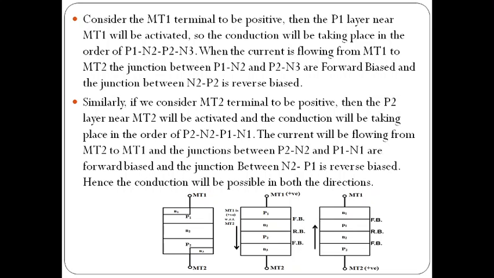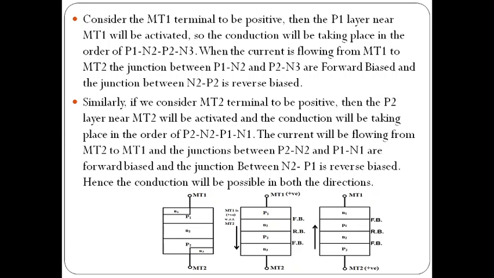So in this, when MT1 is positive, then what happens? The P1 layer will be activated. So we can say that the P1 N2 junction becomes forward biased. The negative terminal will be connected to the MT2 terminal, so the N3 layer becomes activated.